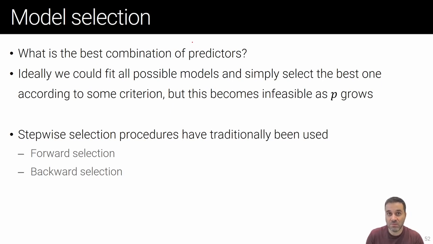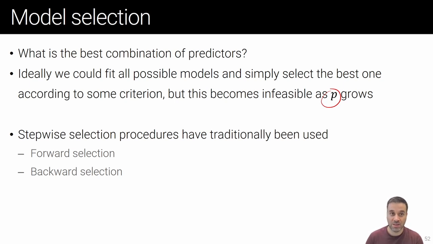But of course, this becomes impossible once the number of predictors, in this case we call it P, is large. This solution is unfeasible. We cannot just build all possible models with all possible combinations, interactions, etc. Those are way too many to even consider.